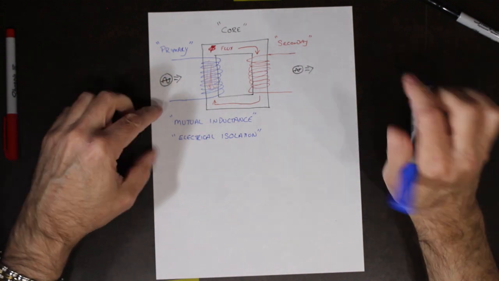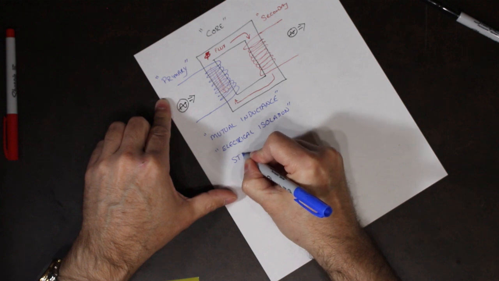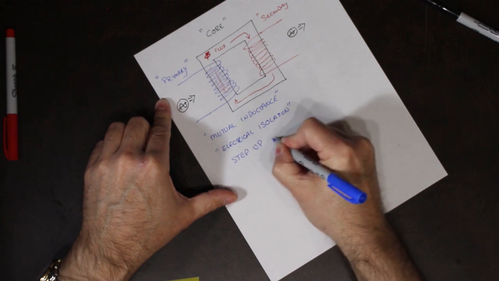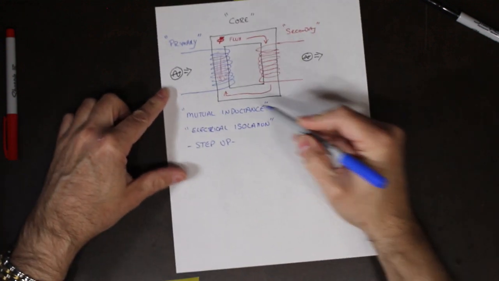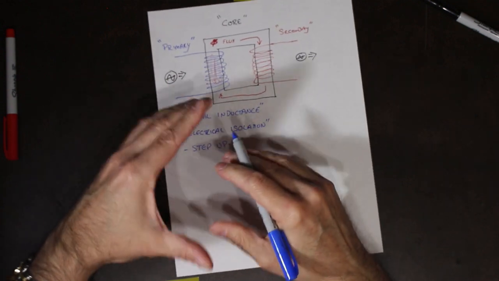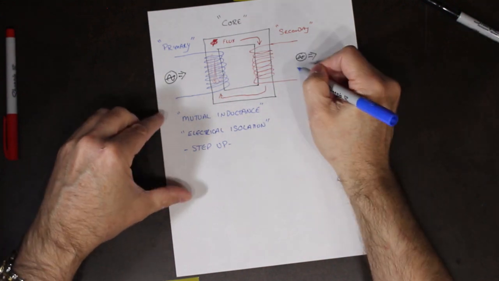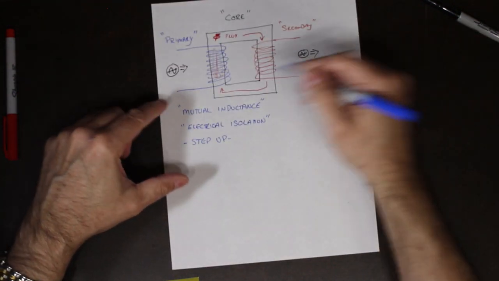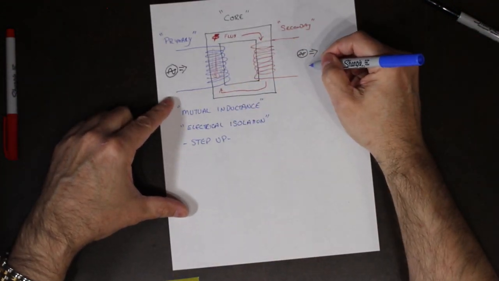So we could have something called a step up transformer. A step up transformer means that the primary voltage gets boosted before it gets to the secondary. So it comes out on the secondary larger.